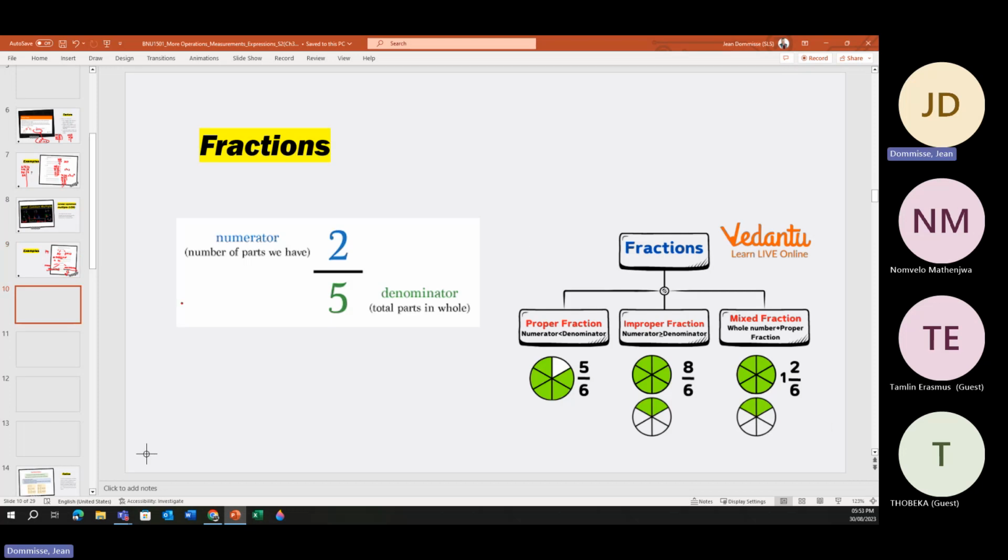Then we go into fractions. And yes, in your study guides they talk about proper fractions, improper fractions, and mixed fractions.